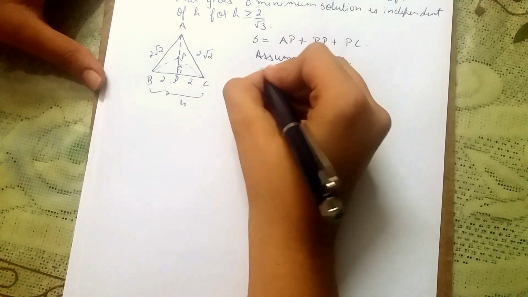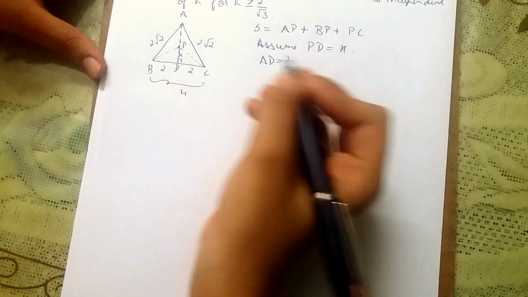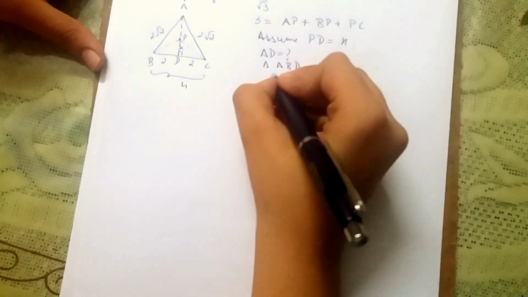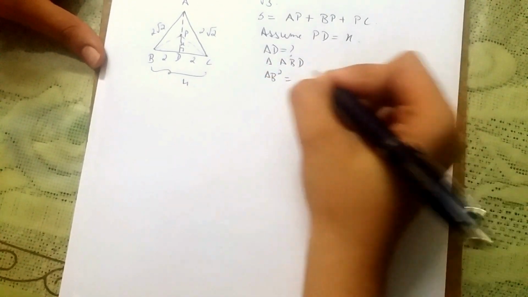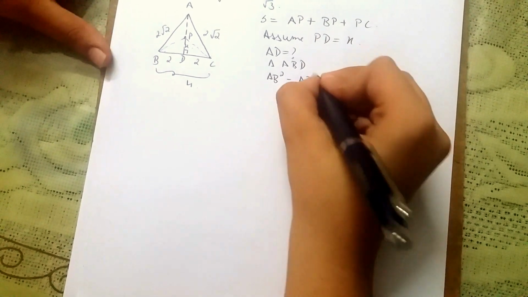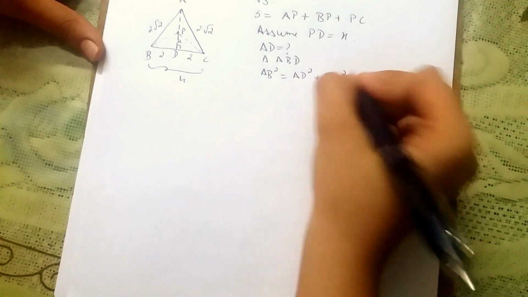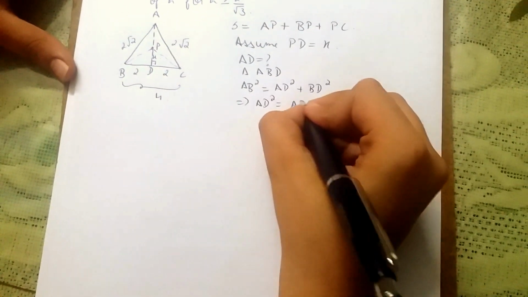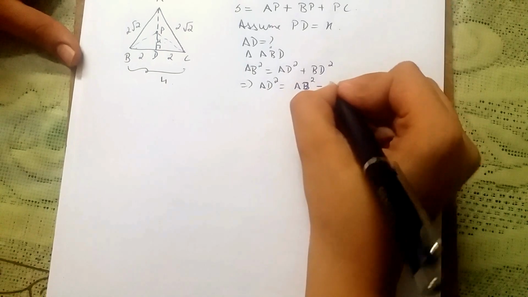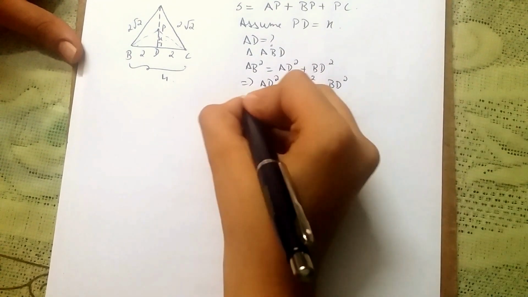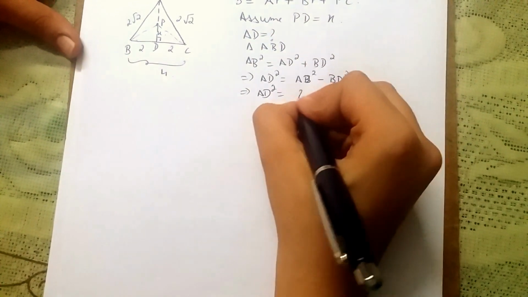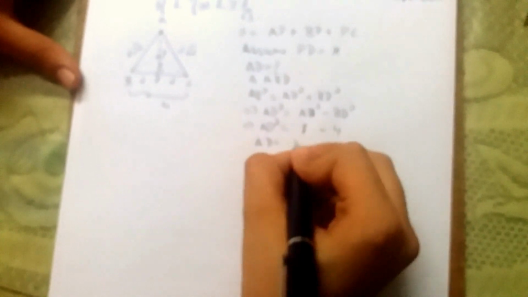First we need to find AD using Pythagoras in triangle ABD. AB square will be equal to AD square plus BD square, which implies AD square will be equal to AB square minus BD square, which implies AD square will be equal to 8 minus 4, so AD will be equal to 2.